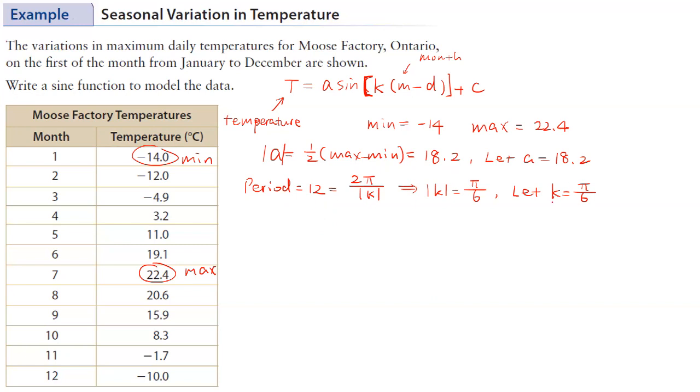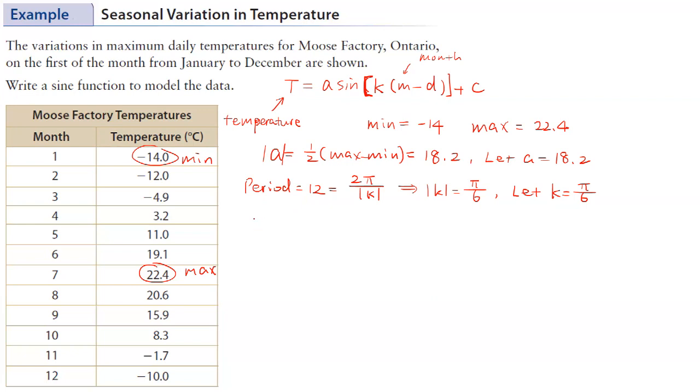Next is to determine the value of d. Apparently d is a phase shift.